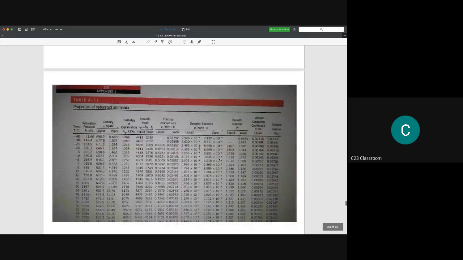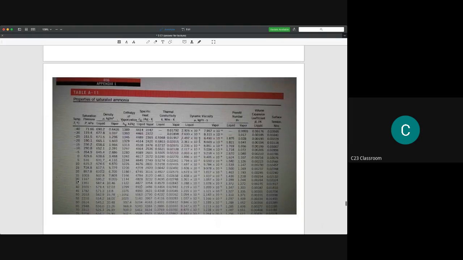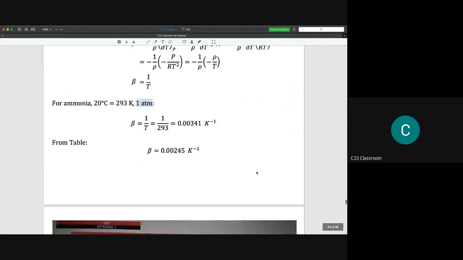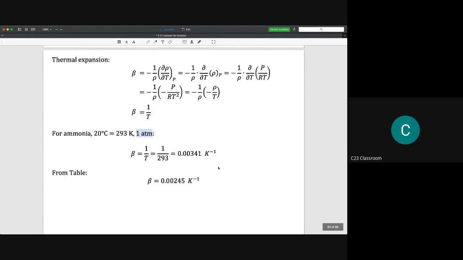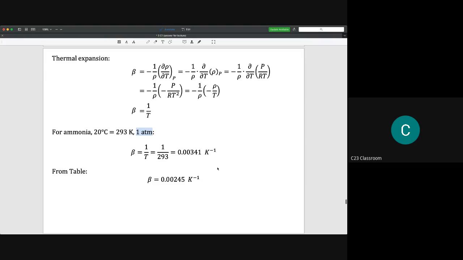So if we go for 20 degrees Celsius, we get around 0.00245. So there is a little bit of difference, or the value is not the same, because in the table they validate with experimental works, and then they have the very optimal numbers for that situation.